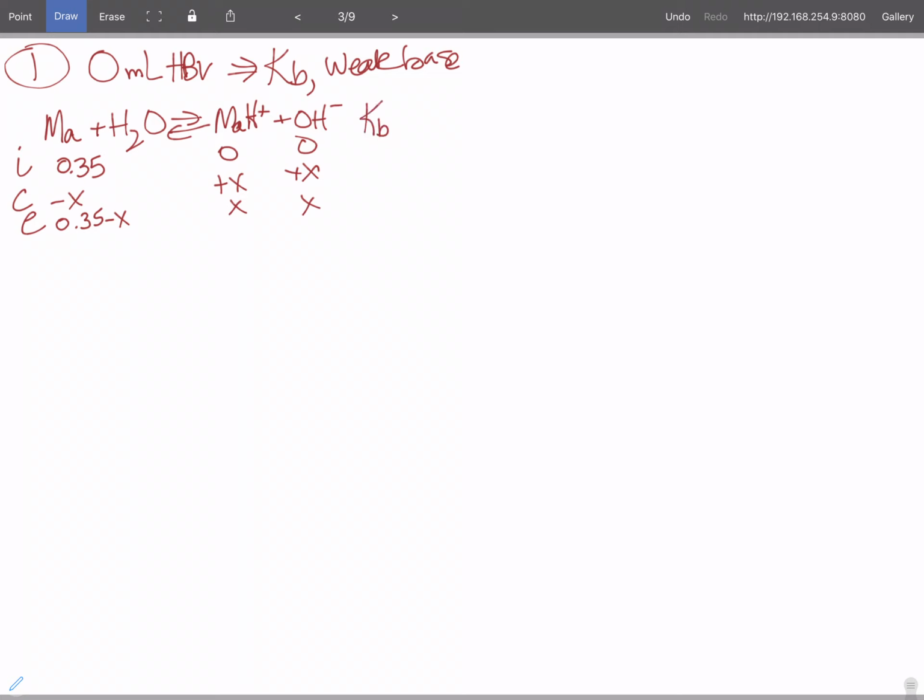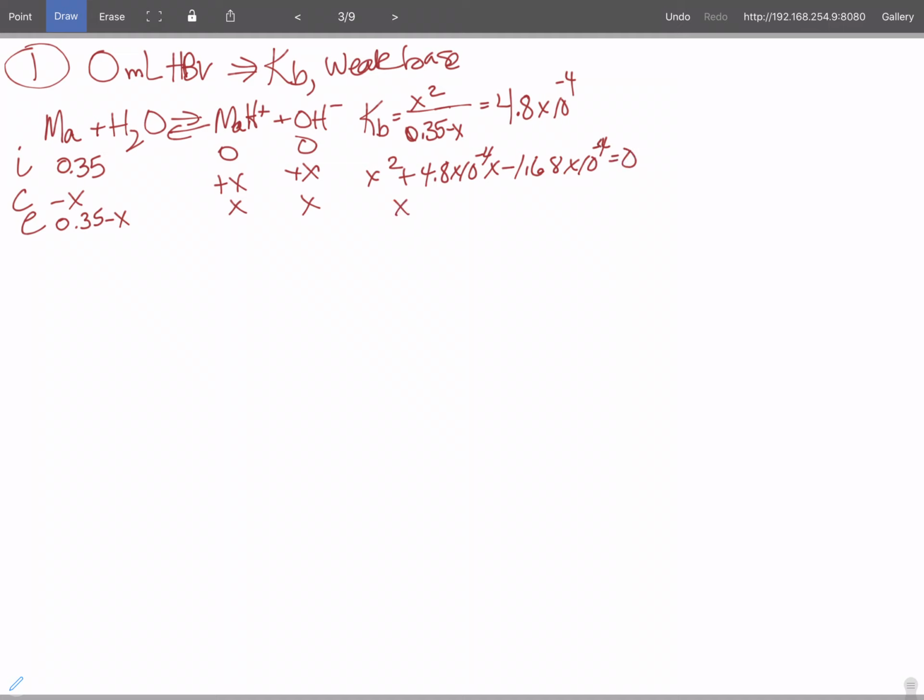So our Kb is x squared divided by 0.35 minus x, and remember, we were given our Kb value, 4.8 times 10 to the minus 4th. So we have x squared plus 4.8 times 10 to the minus 4th x minus 1.68 times 10 to the minus 4th equals 0.